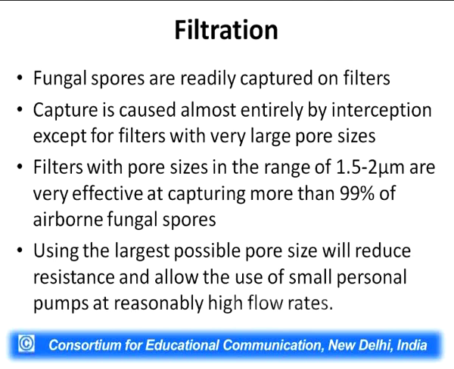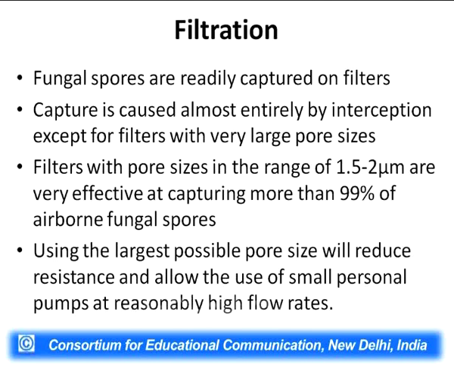As far as its definition is concerned, we can say that fungal spores are readily captured on filters, and capture is caused almost entirely by interception except for filters with very large pore spaces. Filters with pore size in the range of 1.5 to 2 micrometer are very effective at capturing more than 99% of airborne fungal spores.